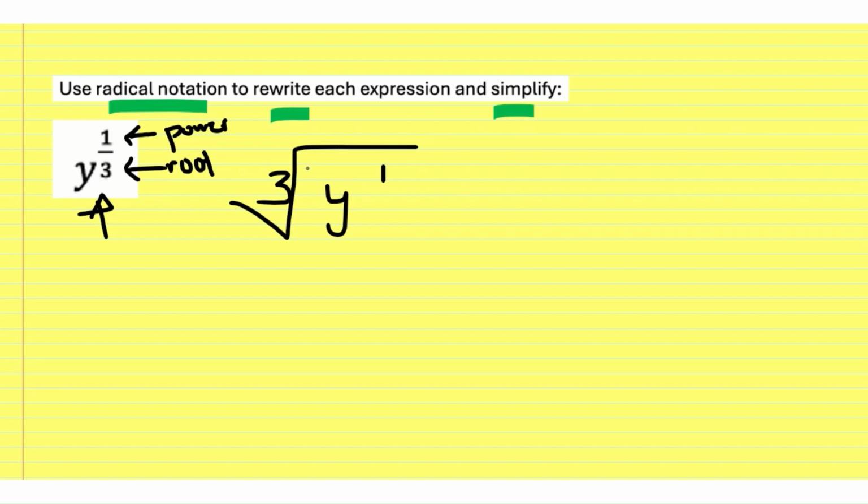But can we take a third root of a y? Well, can I find any factors of y? No, it's just a single y. So therefore, I can let this 1 go invisible if I want to. So it would just be the cube root of y. And that's as far as I can go. That's as simple as it can go.